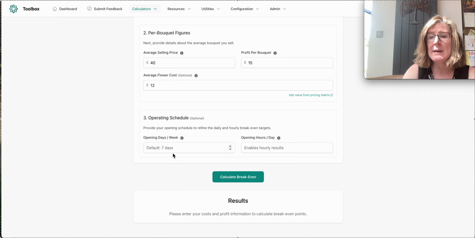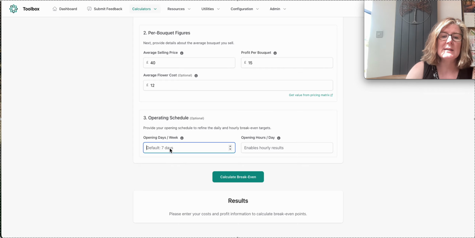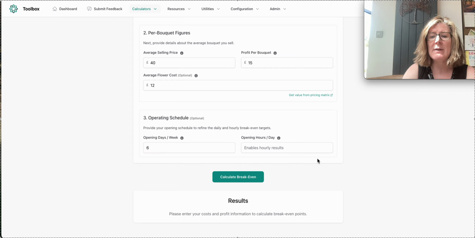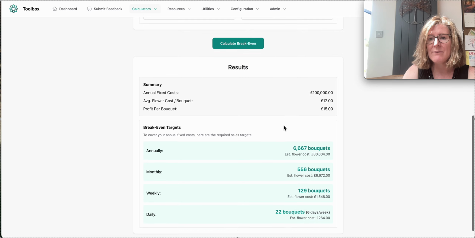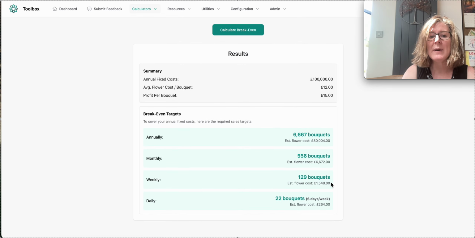You would then put how many days that you operate. Let's go for 6 because that's probably the most likely. However, if you've got a schedule where you work half days and things like that, you can actually put all that in there. Then you hit calculate. It will then tell you, based on that information that you've put in, how many bouquets you need to sell to cover that operating costs.